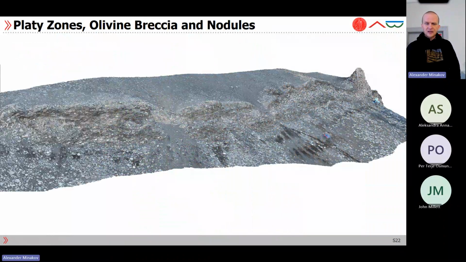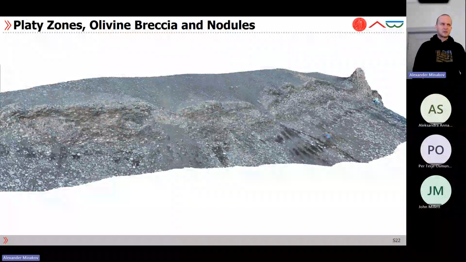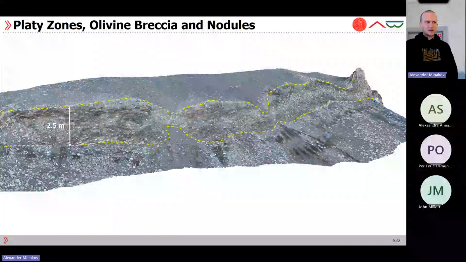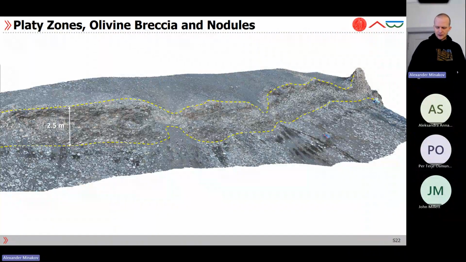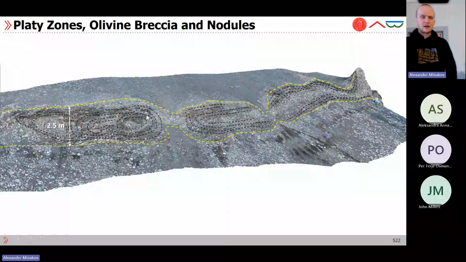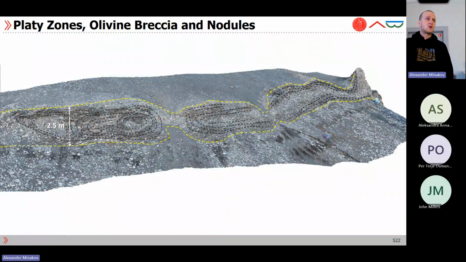So Raphael made a very nice 3D model of this particular locality. So here is the dike itself. The width or thickness of the dike is about 2.5 to 3 meters. And we also see that these plated zones are not really aligned along the top and bottom, but here they form such a peculiar kind of concentric features, which we can now map out in very high detail.